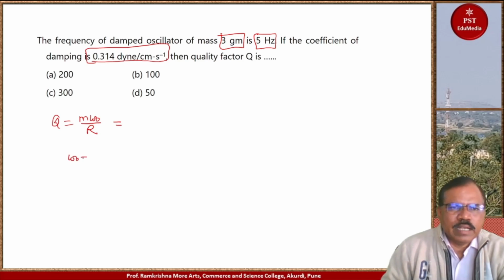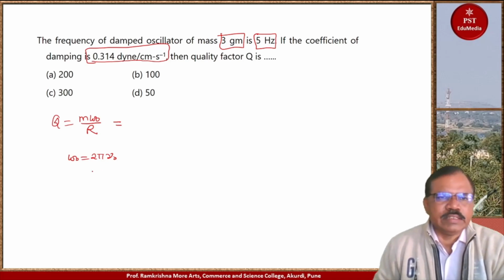Omega 0 is 2 pi nu 0, where nu is frequency. So omega 0 is 2 pi into 5, so it is 10 pi.